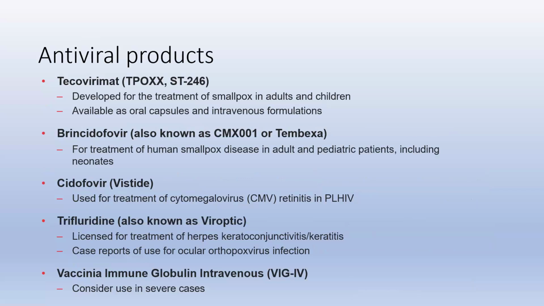And it's available in capsules or in intravenous form. Brincidofovir, which is a prodrug of cidofovir, which we have used for treatment of smallpox and also CMV in adults and pediatric patients. And also cidofovir, which has been used for treatment of CMV in people living with HIV.